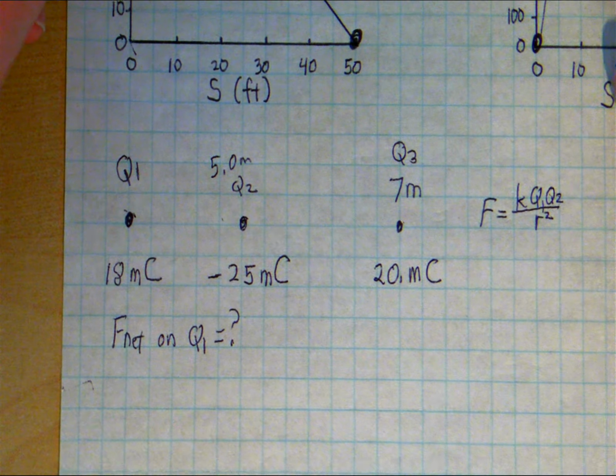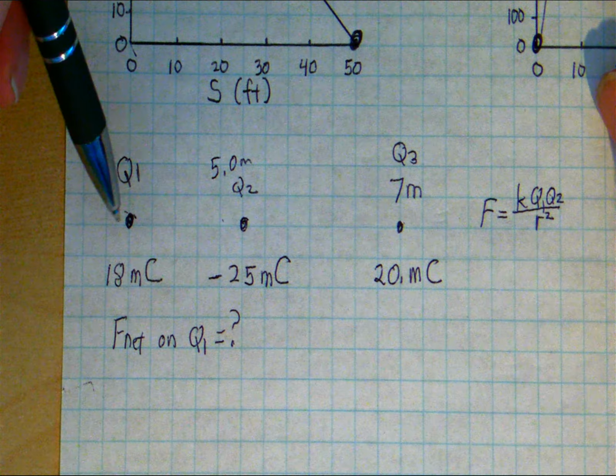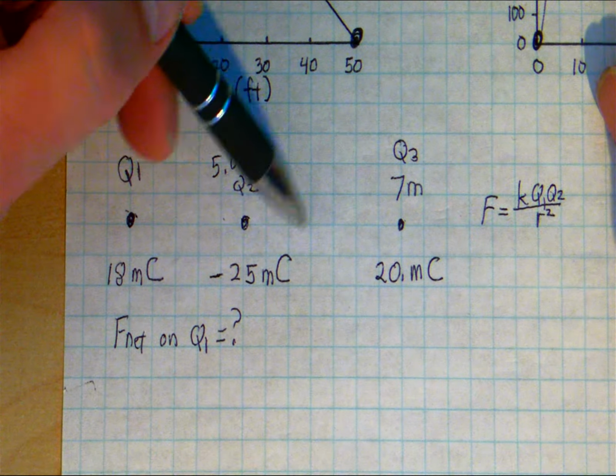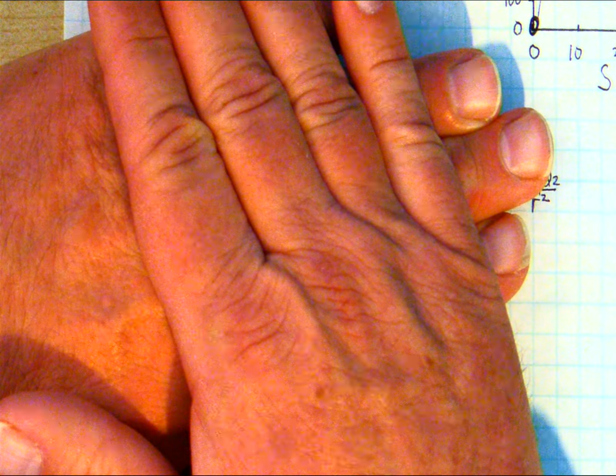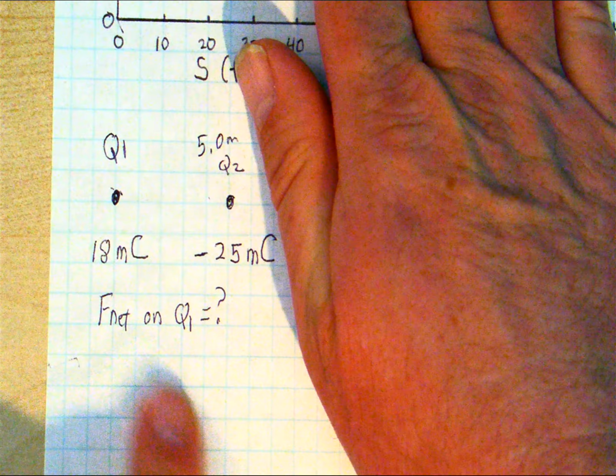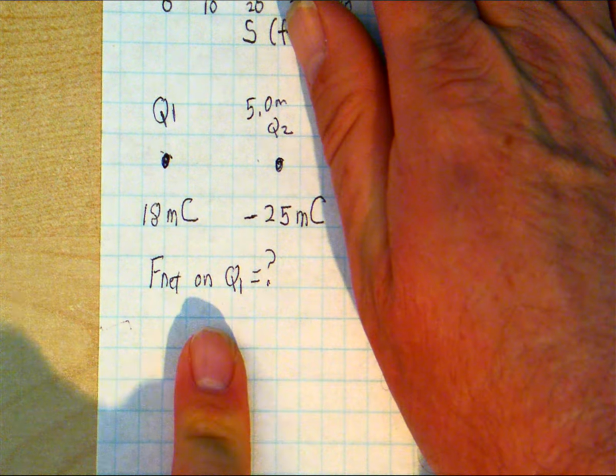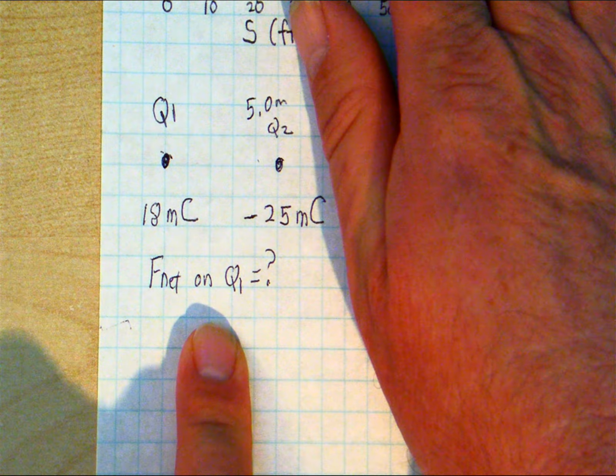The correct way to do a problem like this one is to shut off all of the charges. So I'm covering them up with my hand, just shut off. Turn on the one charge that you're supposed to be solving for. That would be Q1.